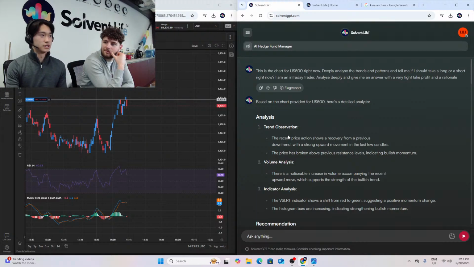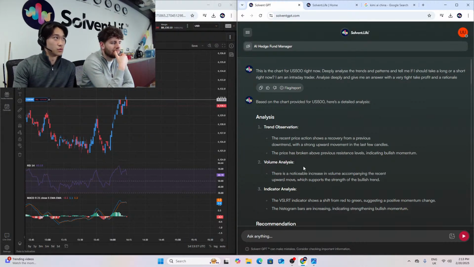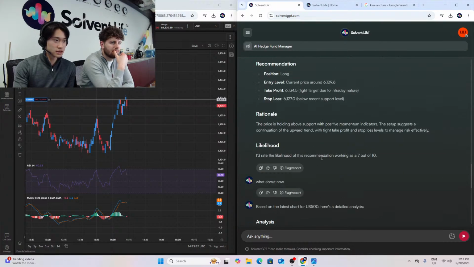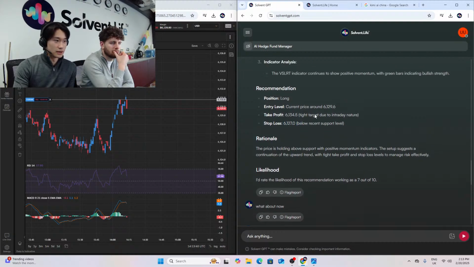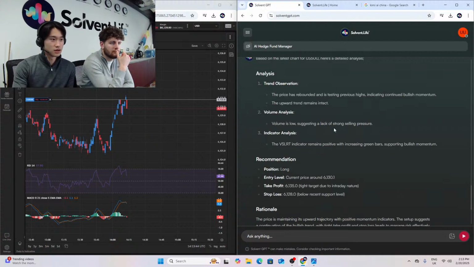What we've done is we've taken screenshots, uploaded it to the GPT, and asked what it predicts the price will be. Now it's given us a recommendation of going long, exit at 6135, stop loss of 6127, and it said the likelihood is a 7 out of 10.